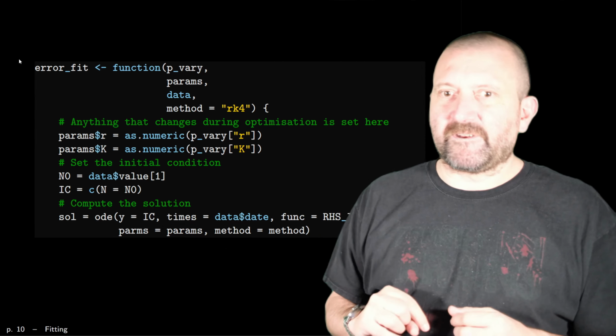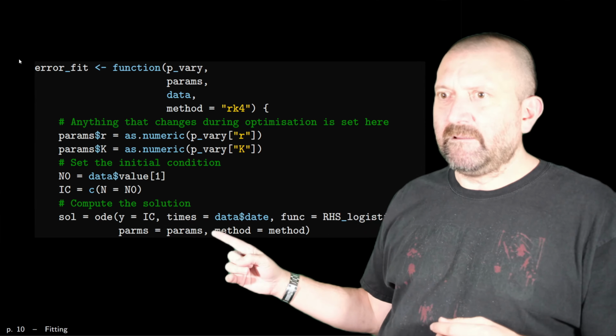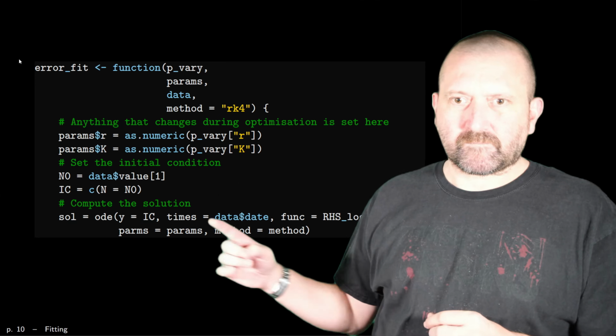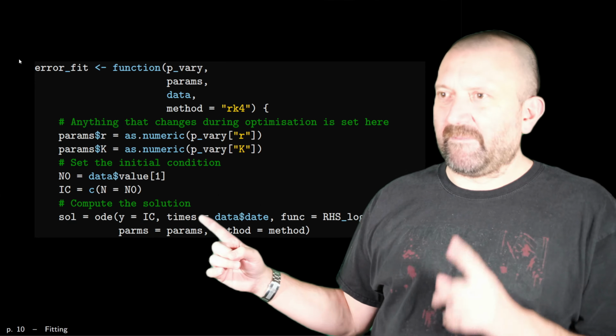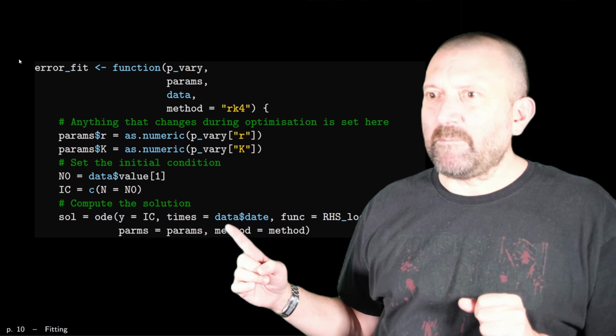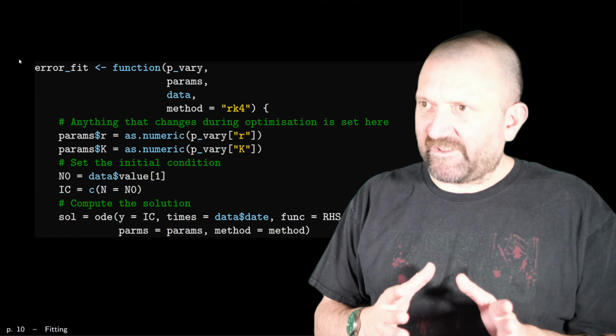And I set the initial condition and compute the solution to the ODE with these parameters. You see the times, and this is what I was saying earlier: the times, I set them as the dates that are in my data set.